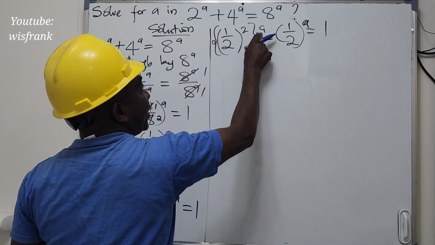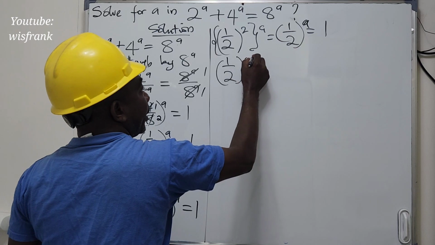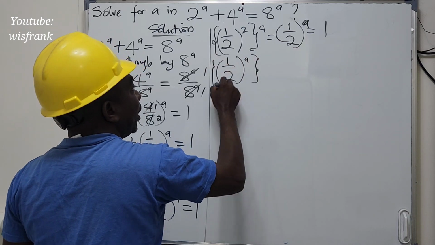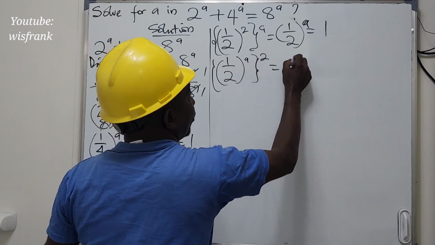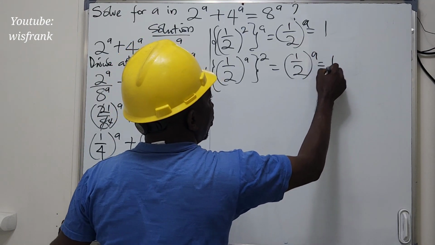So by interchanging, this will become ((1/2)^a)^2 + (1/2)^a = 1.